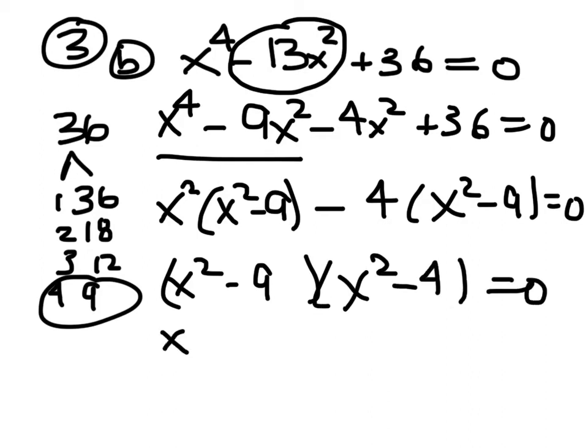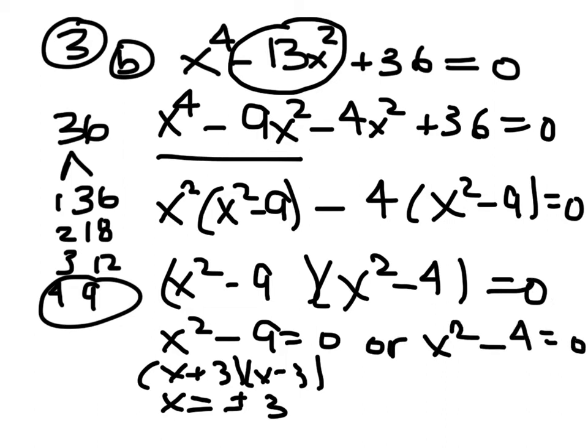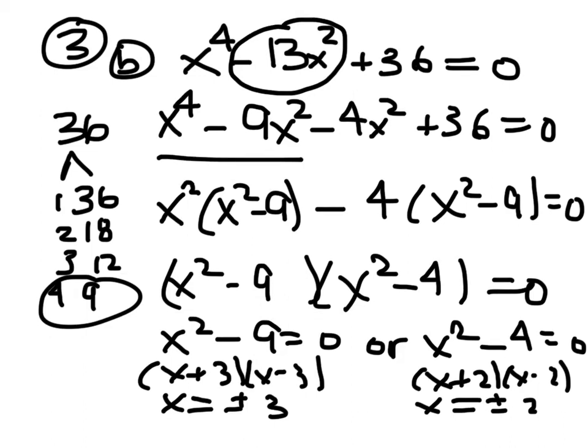And now I can set each of these equal to 0. To get plus or minus 2 and plus or minus 3.